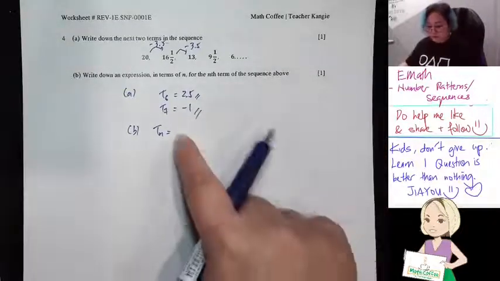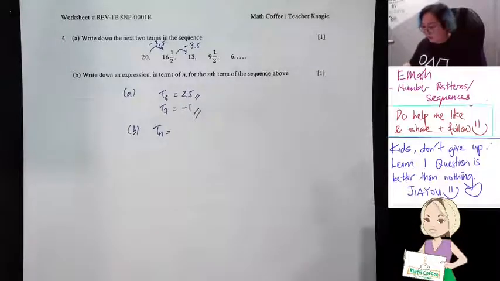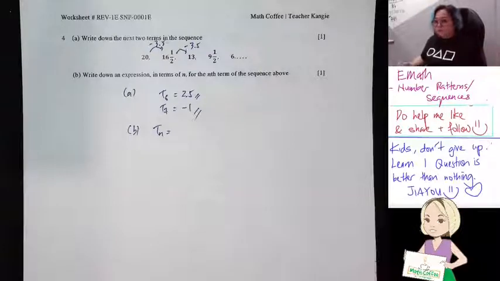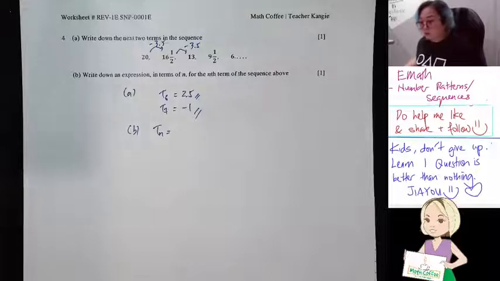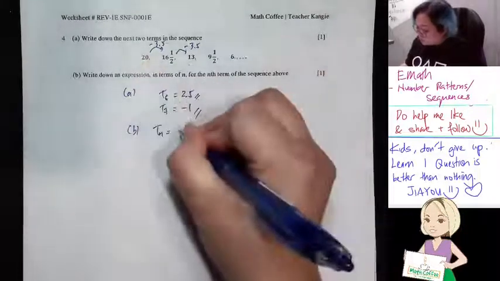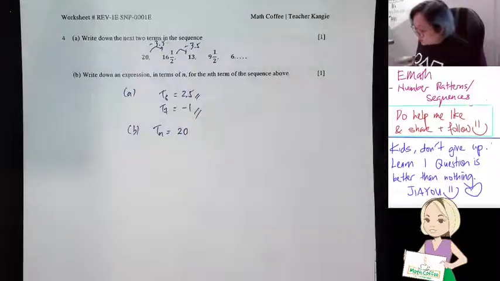What's the first number I should write? Anyone? Yeah, 20. First term, good. So 20. Yes, Ash. Okay.